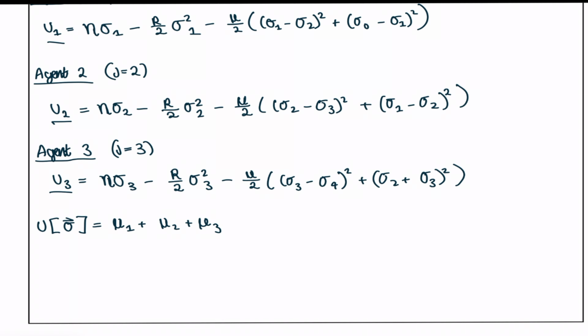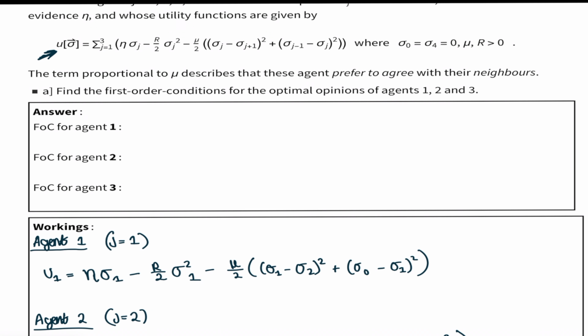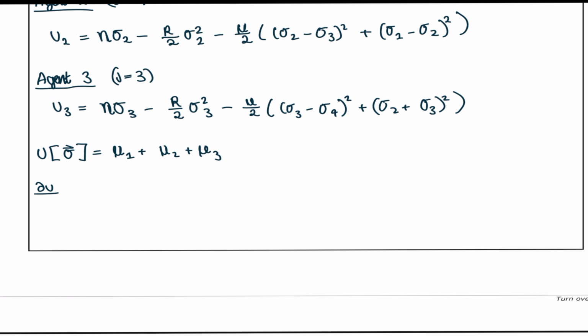So these three equations. What we are now going to do is work out the first order conditions of this utility function. If we work out the first order condition for agent 1, it means that we will differentiate this utility function with respect to sigma 1.